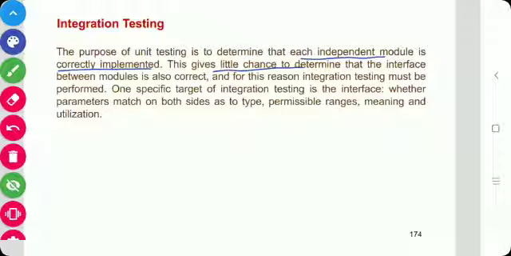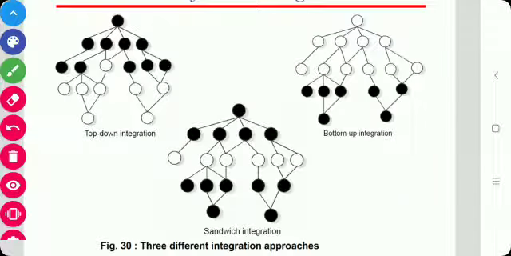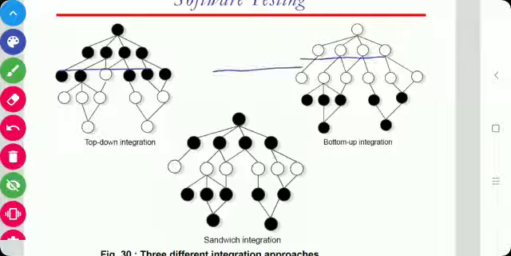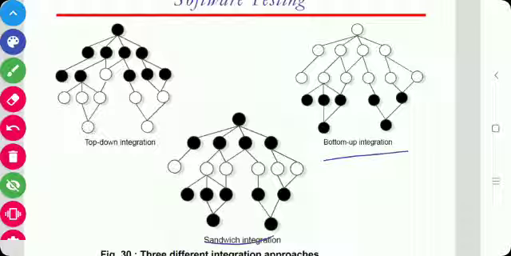There are several classical integration strategies, such as top-down integration, bottom-up integration, and sandwich integration. In top-down integration, the modules are integrated from the top to bottom, till it ends at the lower level.